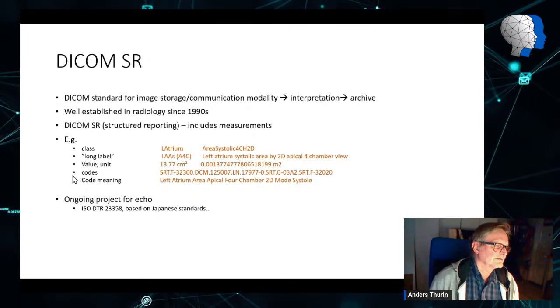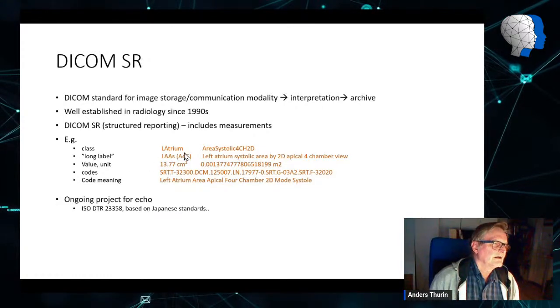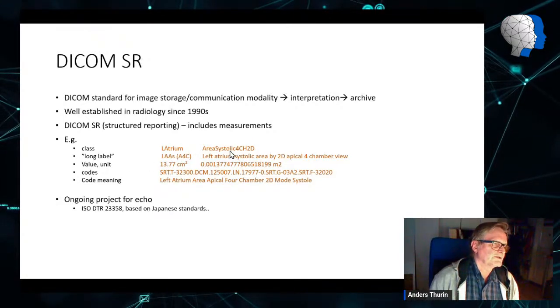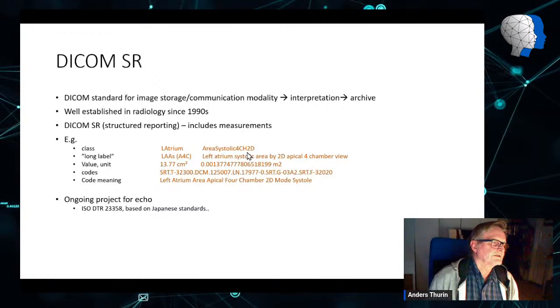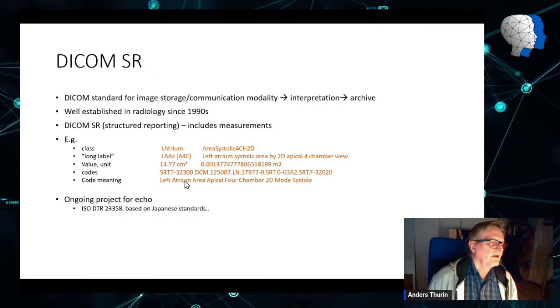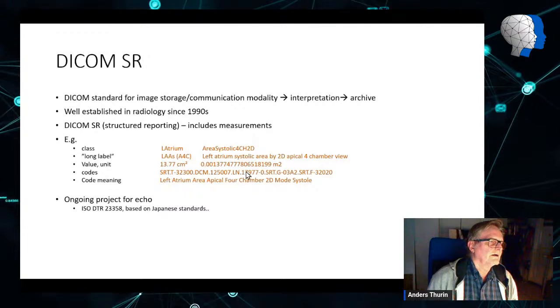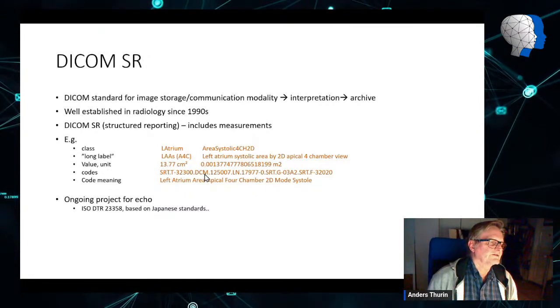So here, for instance, the left atrial systolic area in 4-chamber 2-dimensional view, and it's expressed in square centimeters.